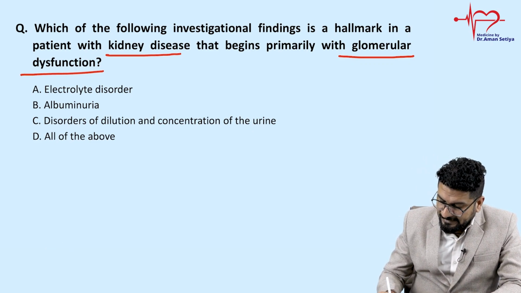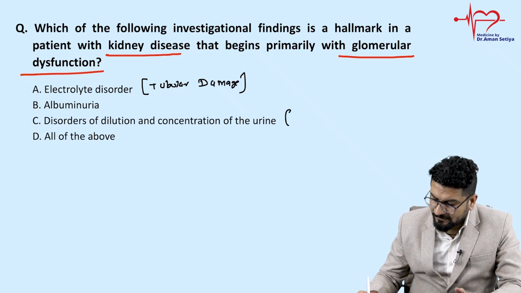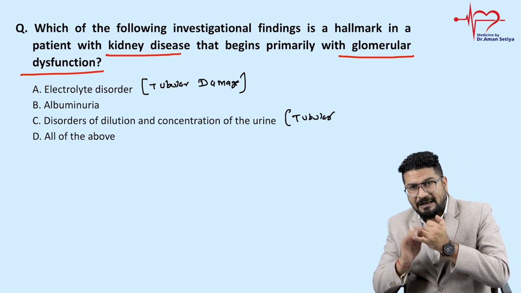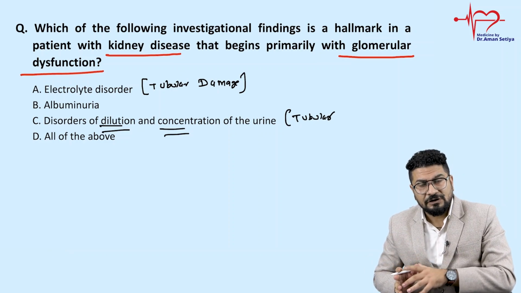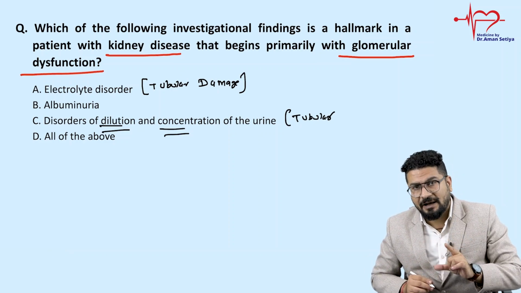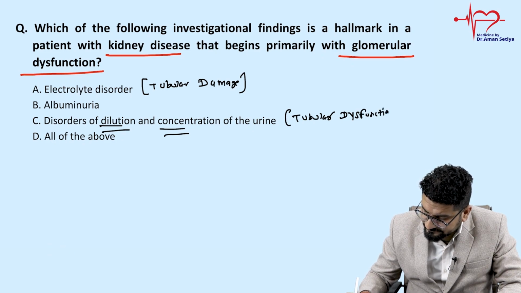Now see, electrolyte disorder or disorder of dilution and concentration of urine is a function of tubular damage. That is electrolyte balance, and dilution and concentration is the job of tubules. So this will be affected when tubules are damaged.